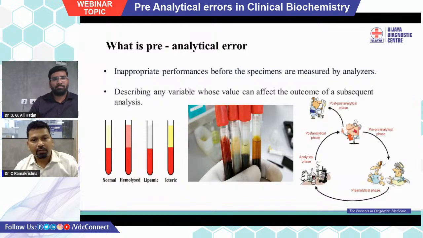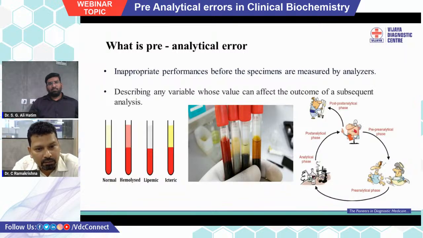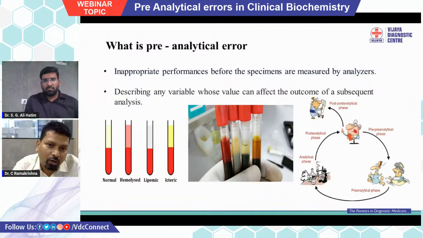It describes any variable whose value can affect the outcome of a subsequent analysis. Here you can see the normal specimen, the hemolyzed, the lipemic, and the icteric. So whenever you have an abnormal value, first look at the specimen, whether it is lysed, lipemic, or icteric.